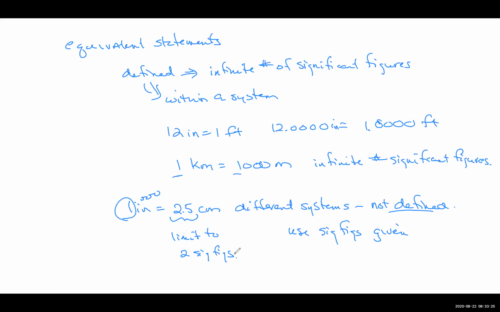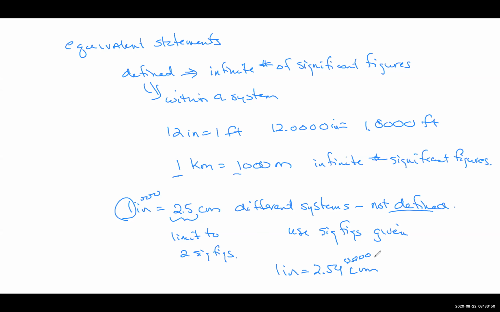Because it's not exactly that, it's actually exactly 2.54 centimeters, and that would have 000 after it. But if you're only told 2.5, you're only given 2 digits, you can only use 2 digits from that point out. Again, I don't want to get bogged down in the details before we start doing problems, but we'll practice these rules as we go through a bunch of different problems.